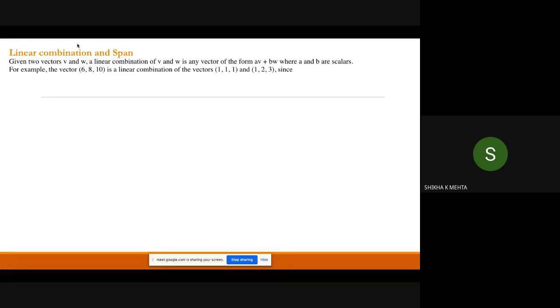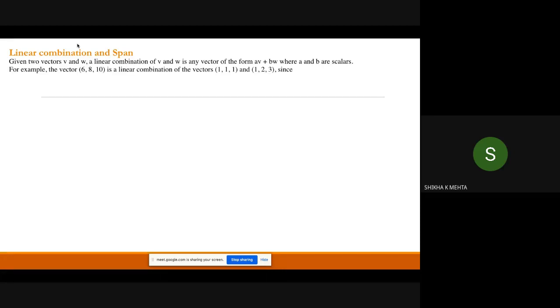That means it is a scalar multiple of vector 1 plus a scalar multiple of vector 2, where a and b are scalars and v and w are vectors. If vector v is 1 1 1 and vector w is 1 2 3, then a linear combination of these two vectors is 6 8 12.